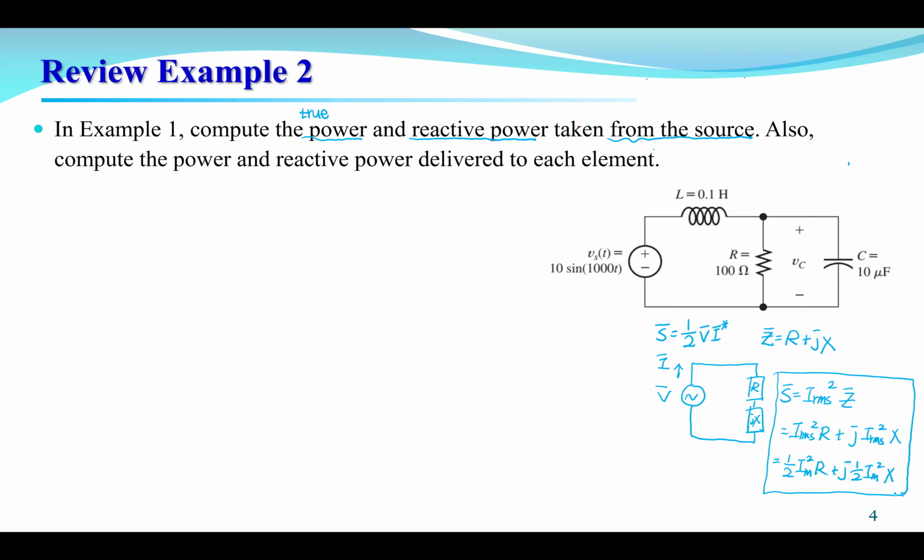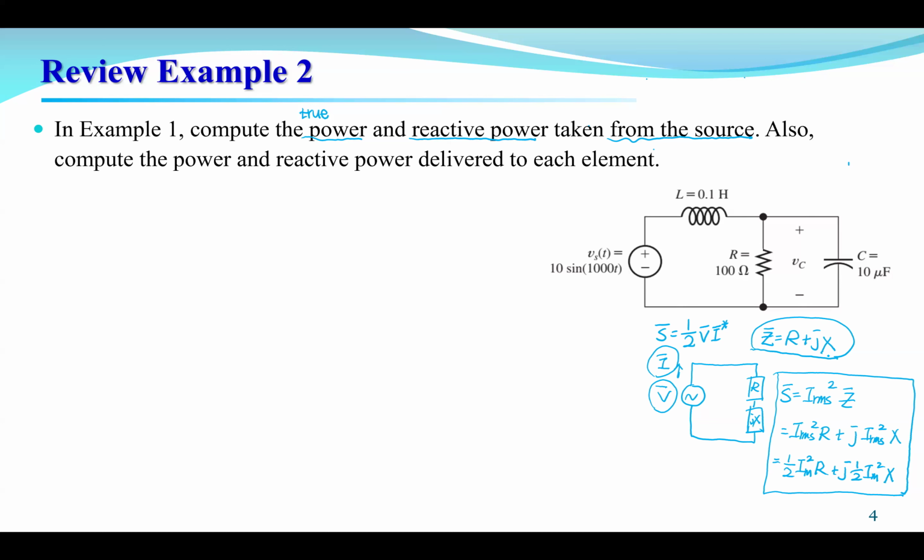If you don't know how to derive it, or if you have any doubts regarding this formula, please go back to our notes. Okay, so we need a few things from example one. First, we need the total impedance, and we need I.